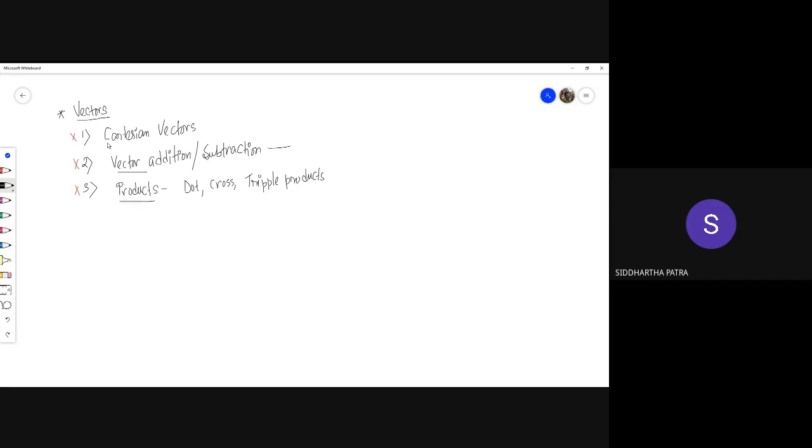We are also not allowed to know that vectors could be represented with three numbers, or a vector v could be represented something like this. So we don't know any of this. We would start learning about each of these things.